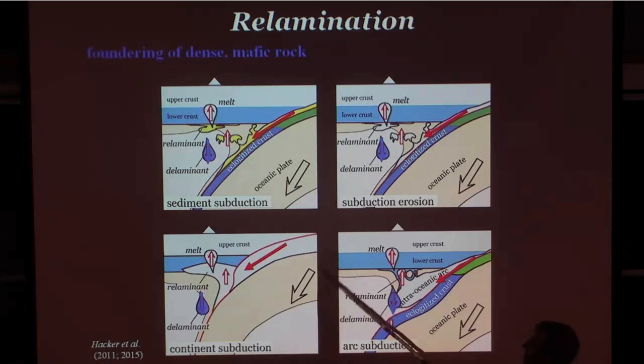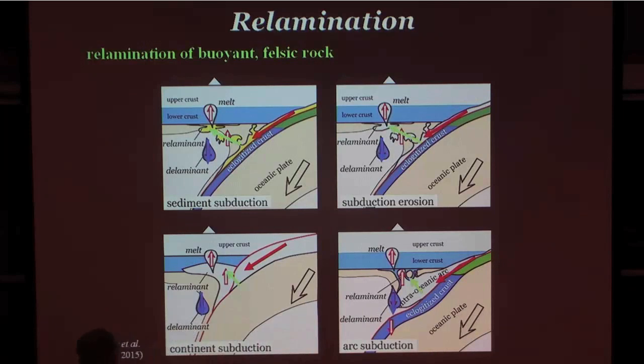And some of this material probably goes deeper into the earth because it should be gravitationally unstable, more dense than the mantle. But some of it should be relaminated. And I think I've shown you that in the bulk of these processes, most of the material is less dense than the mantle. And it seems to me it ought to be retained at shallow levels and not subducted into the deep part of the earth.